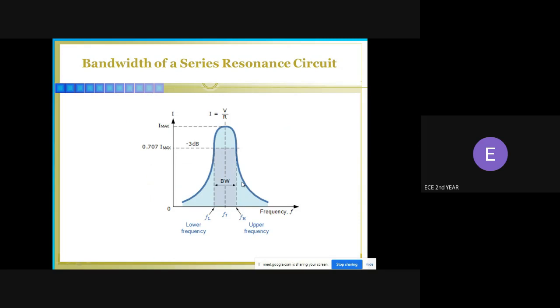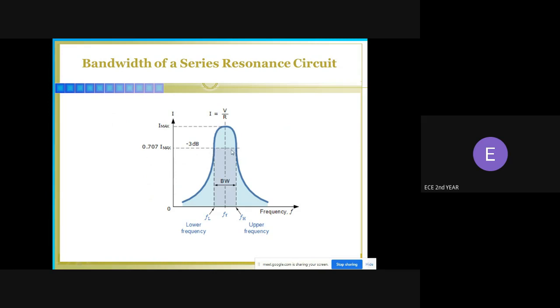So what is the bandwidth? Bandwidth is the difference between the lower cutoff frequency and the upper cutoff frequency. We get the maximum current I equal to V by R at one condition, and we obtain 0.707 of its maximum value two times.